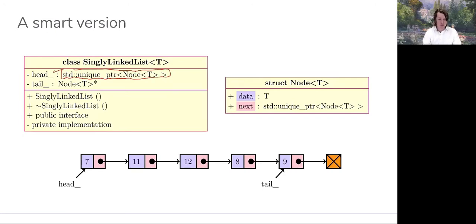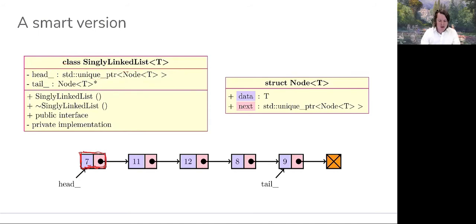It's going to be responsible for a dynamically allocated node on the free store, which means that head owns this node. When head goes out of scope, that node is going to get destroyed. And when does head go out of scope? Well, when the instance of singly linked list in which it is contained is at the end of its lifetime.